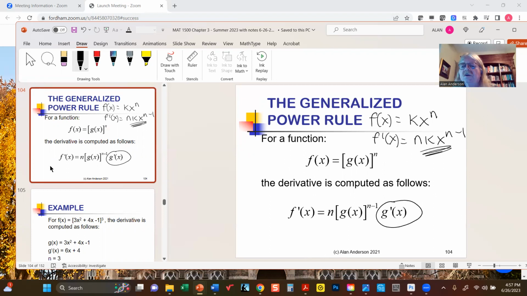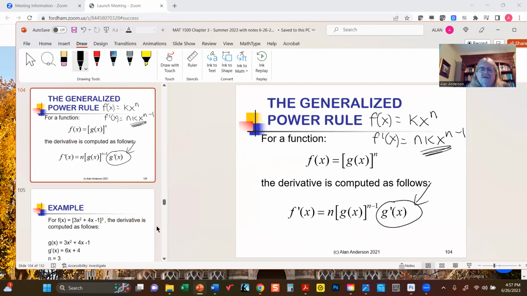So I drew the rule for the power rule up here in the upper right-hand corner, so you can see how these two compare with each other. And the main difference is right here. This is something we didn't see earlier. So when you have a function of x raised to some power, then we use the generalized power rule, not the original power rule, or we could think of it as the simpler power rule.